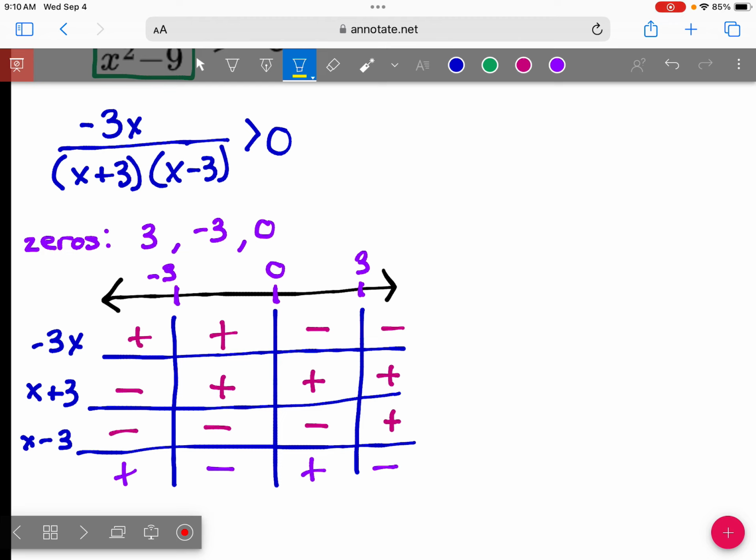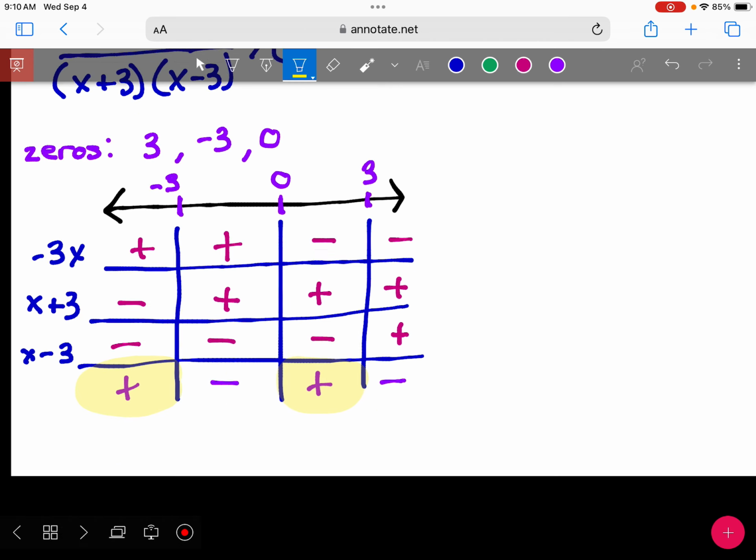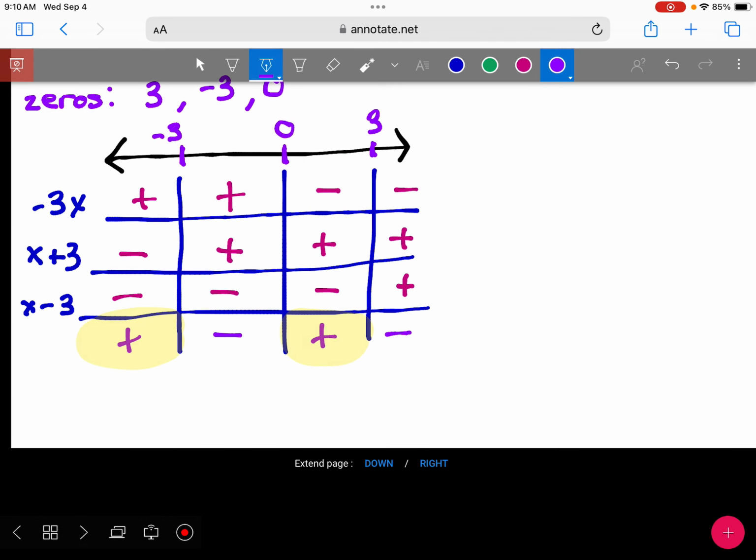Nope. So we're looking for our positives here. So putting this into our interval notation, how do I write this piece as an interval?